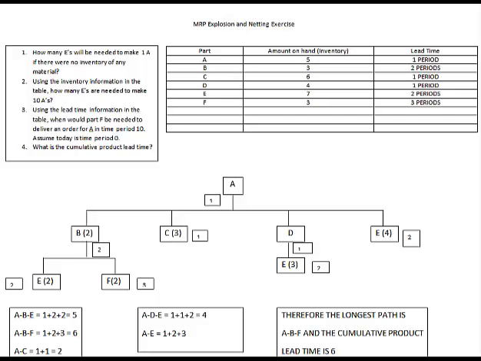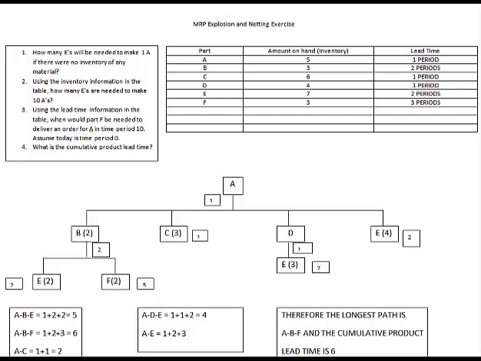So 1 plus 1 plus 2 is equal to 4. And then finally, the last path is from A to E directly. And adding those times will be 1 plus 2 is equal to 3. I see there's a small error on this. That should be 1 plus 2 equals 3, not 1 plus 2 plus 2. It should be 1 plus 2 equals 3.